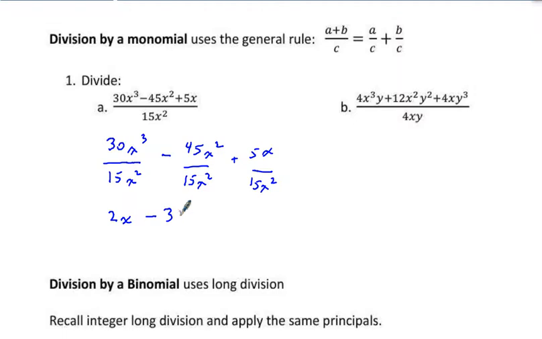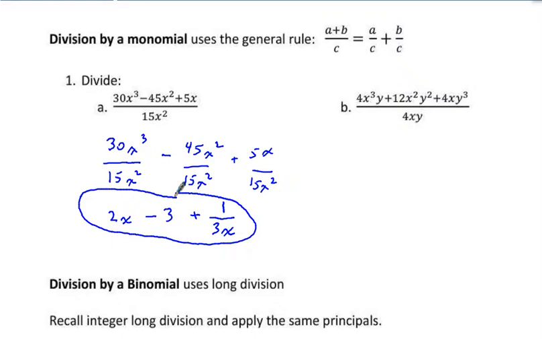And therefore, negative 3 times 1 is still negative 3, so that'll stay unchanged. 5 divided by 15 is 1/3. And x divided by x squared will leave x in the denominator. So my final answer for this division is 2x minus 3 plus 1 over 3x.